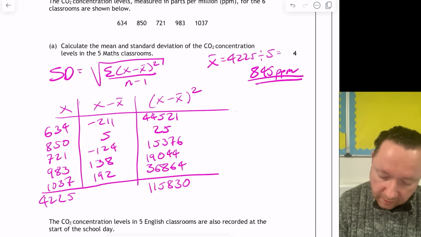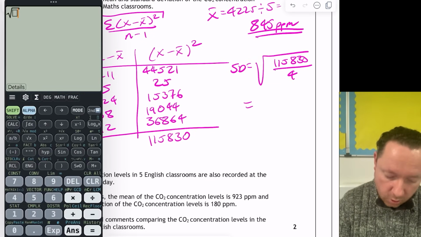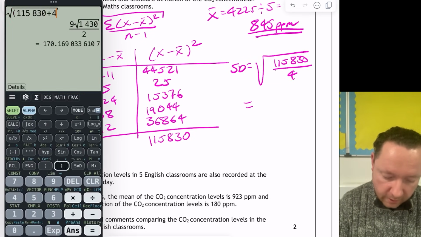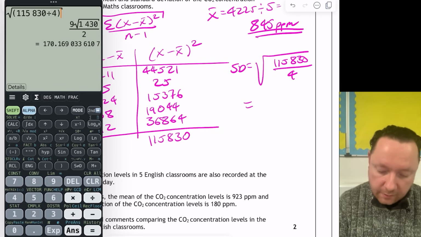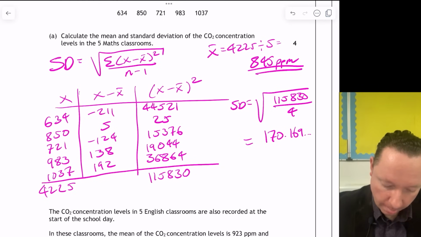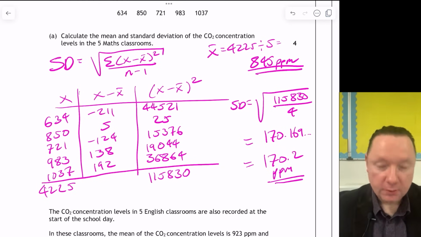So that means our standard deviation is the square root of 115830 over 4, because it's 5 numbers, so we take away 1. Square root, open brackets, 115830 divided by 4, close the brackets, is 170.169. That's about 170.2 parts per million. And we're done there.